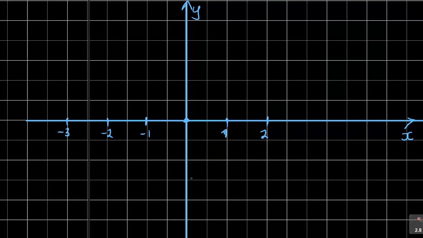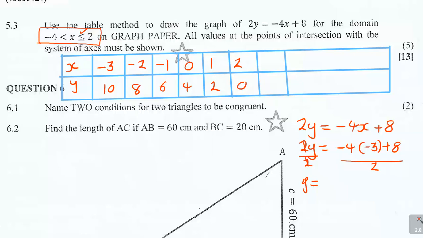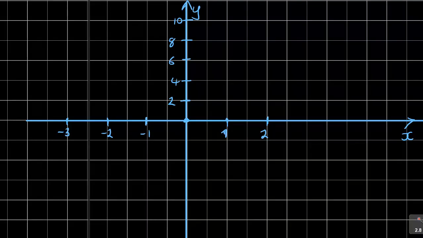Seeing that? And then for y, it started from 10, so I can go by 2, 4, 6, 8, and 10. Let me just check. There was no negative for y. So that is good.